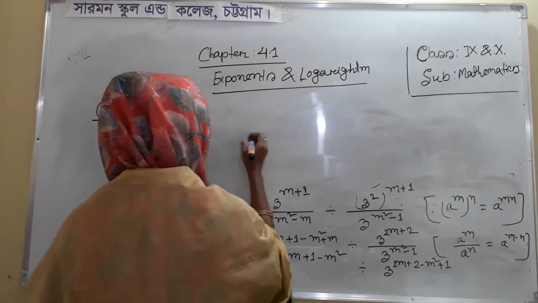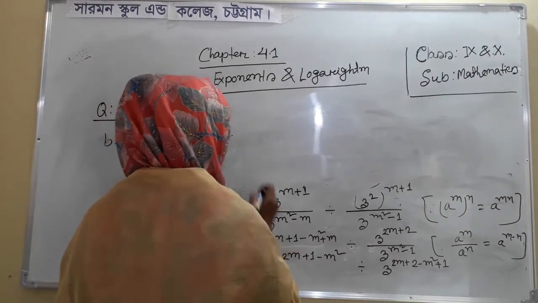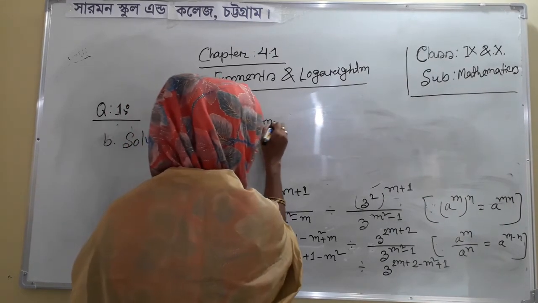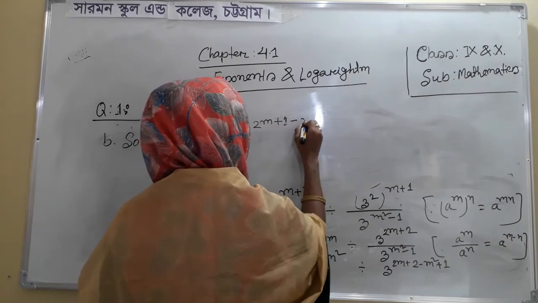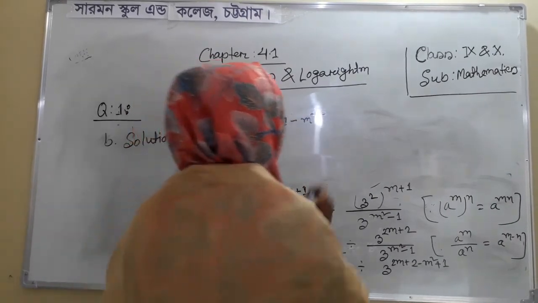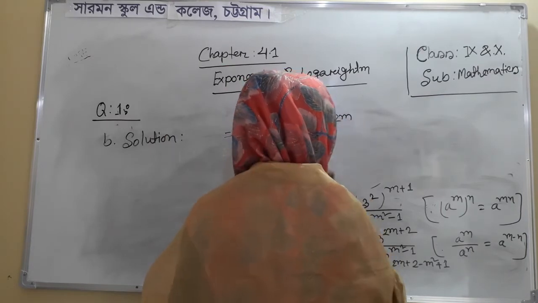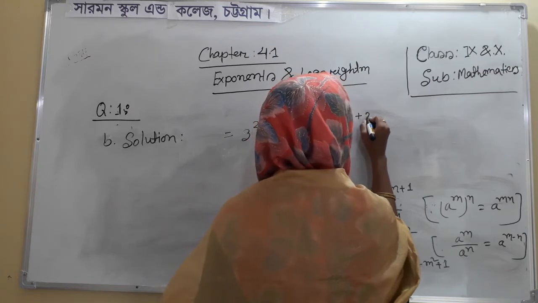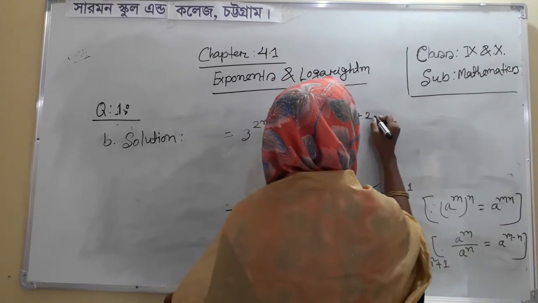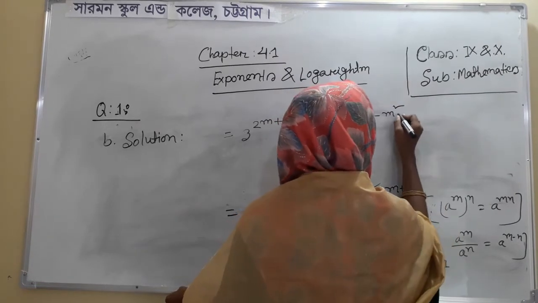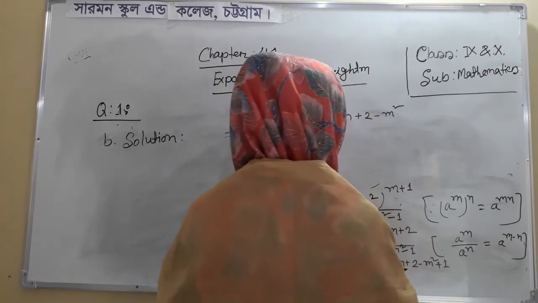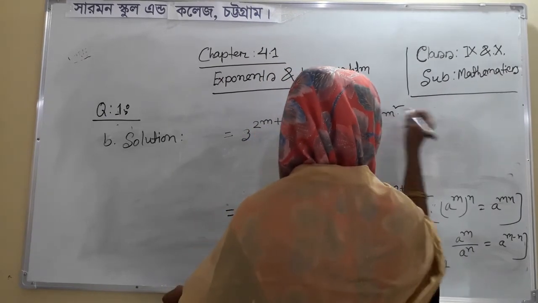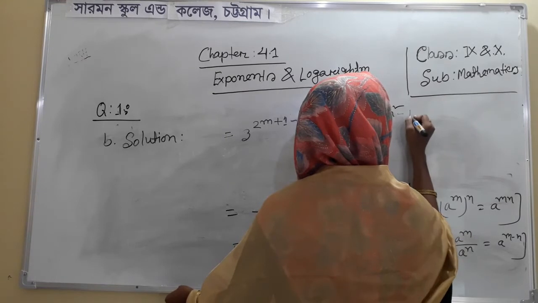Now we can write 3 to the power 2m plus 1 minus m square minus 2m plus 2 minus m square plus minus 2m minus 2 plus m square minus 1.